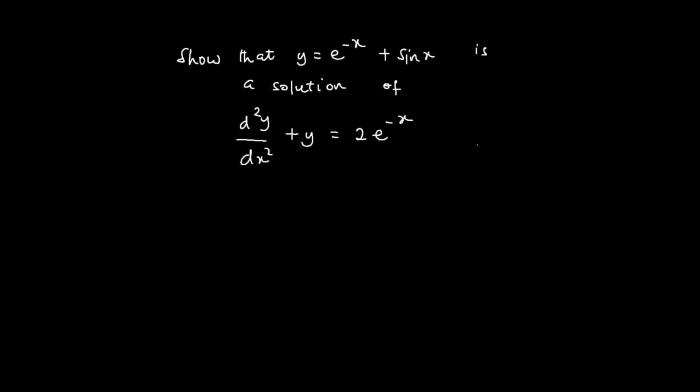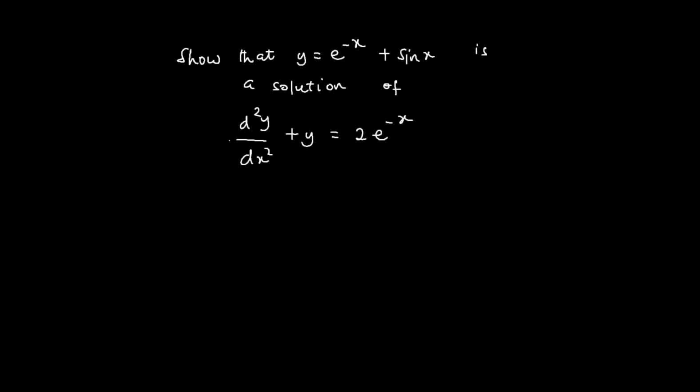Okay, so with this example also, you have to verify whether this solution here satisfies this differential equation here. So you have to show that y equals e to the power minus x plus sin x is a solution to this differential equation.